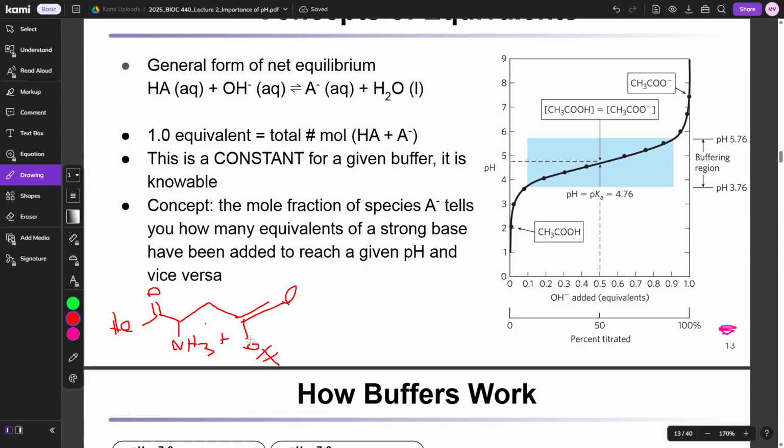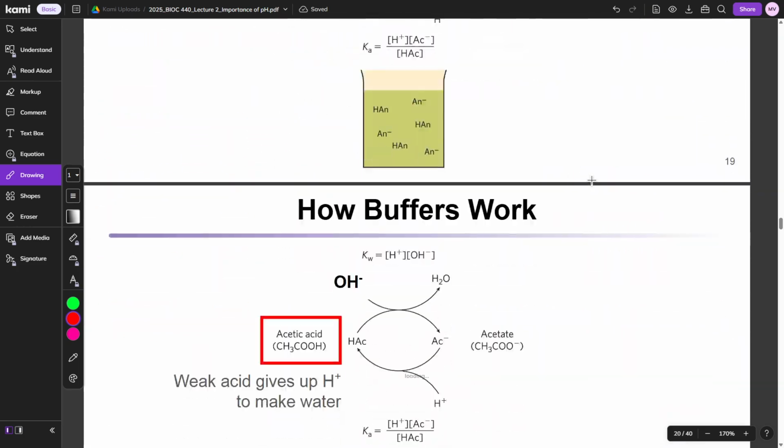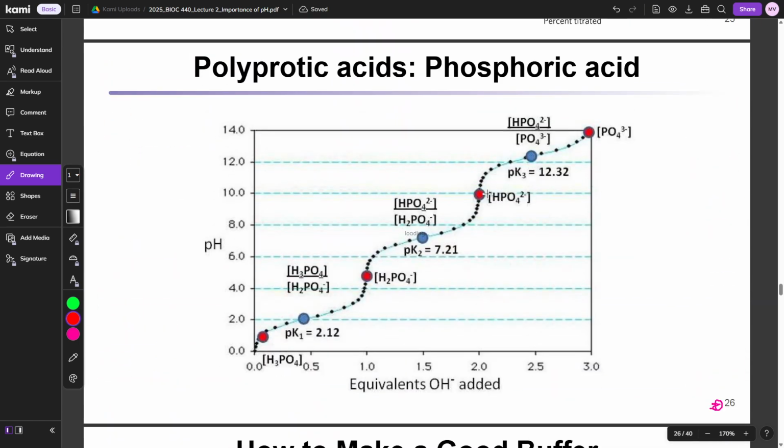This thing has 3 pKas on it. There's a pKa for this group, a pKa for this group, and a pKa for this group, right? So you basically take this graph and multiply it 3 times, because there'd be 3 different pKas. And I think there's a nice image of this down here somewhere. Not for aspartate. Is there not? Like this, right? This is for phosphoric acid. This is what happens when you have a polyprotic acid.